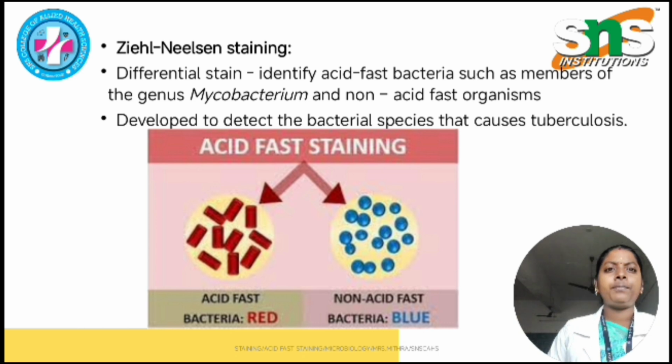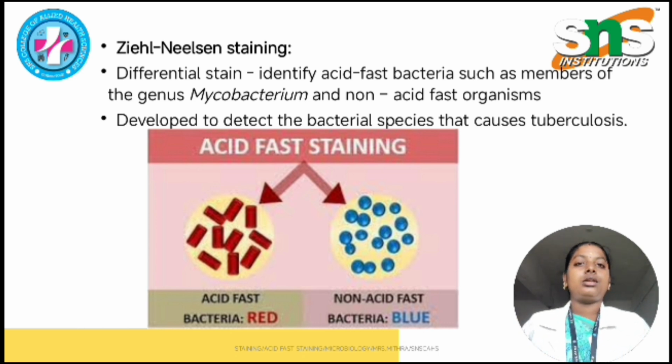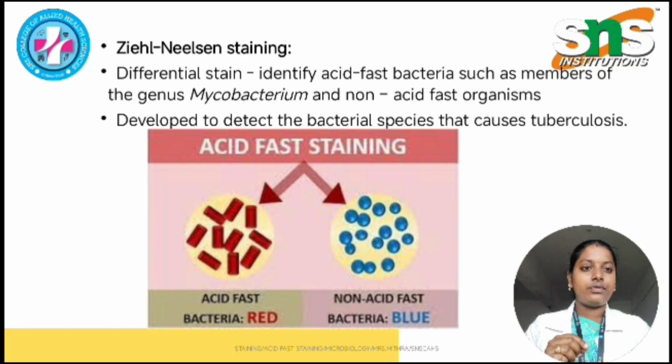And coming to the Ziehl-Neelsen staining. So you see, Ziehl-Neelsen staining is also called acid-fast staining. So like gram staining, Ziehl-Neelsen staining is also used to differentiate the acid-fast bacteria and non-acid-fast bacteria.